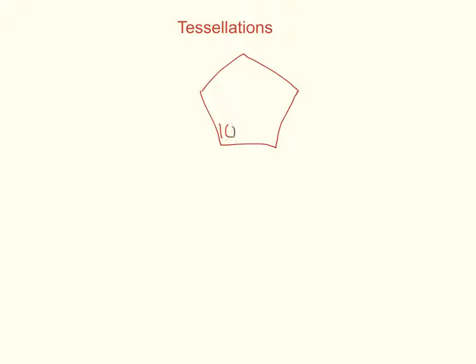So let's go back to our normal pentagon, and this is a 5-sided object. Let's say we know that this interior angle is 108. Well, when we think about tessellations, the angles of all of the shapes that meet at a particular point have to equal 360. So we can take this angle measure and multiply it by however many objects we have to equal 360.